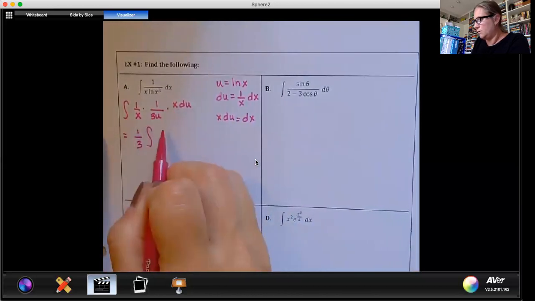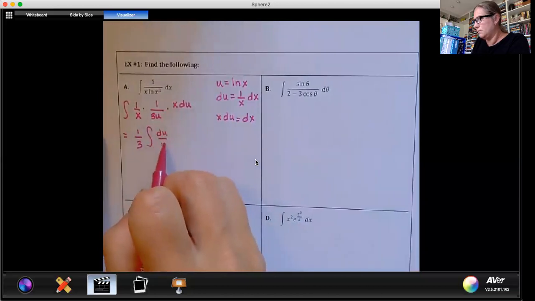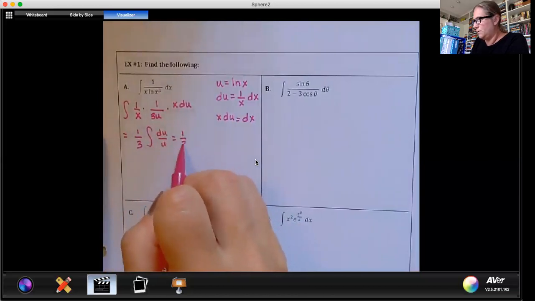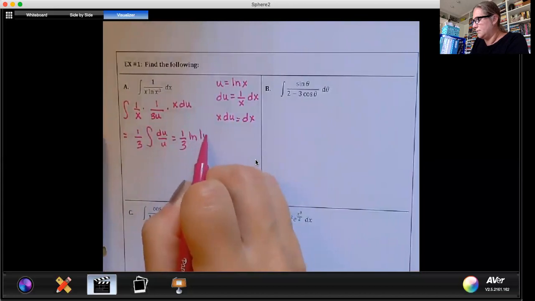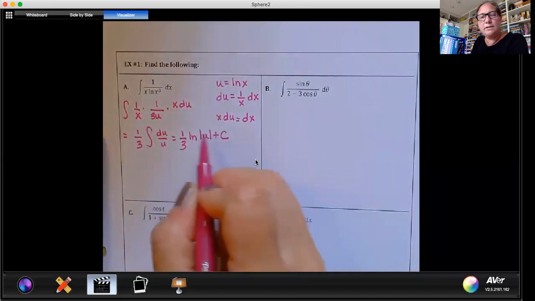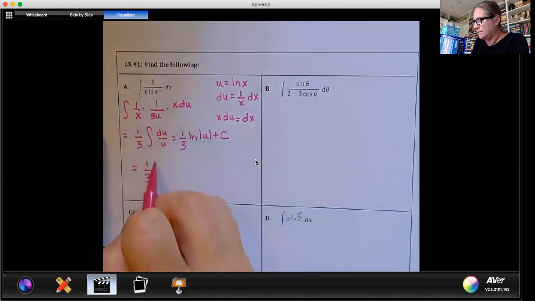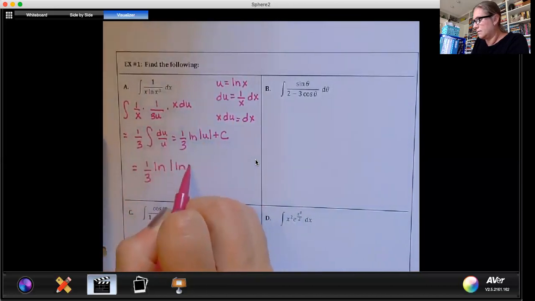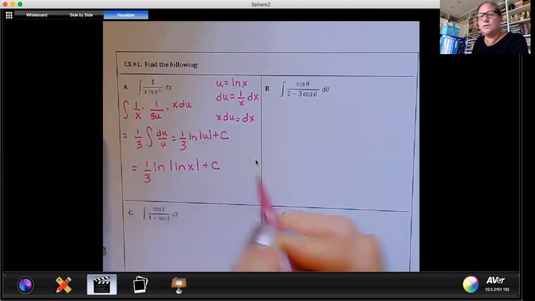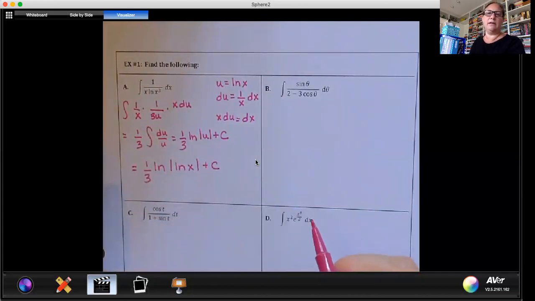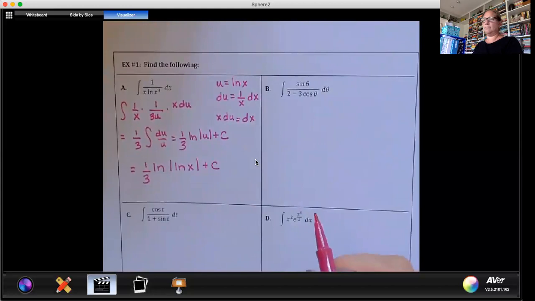Bring the 1/3 out, du over u is 1/3 ln absolute value of u plus c. We have an indefinite integral, so plug that u back in. And even though it looks funny, that is your answer: 1/3 ln of absolute value of ln x plus c.